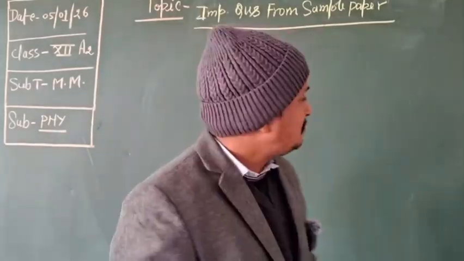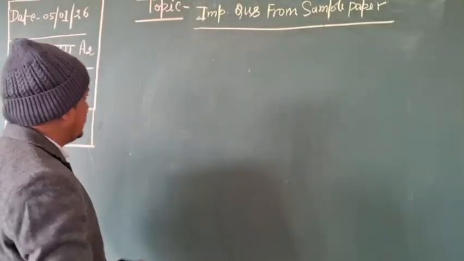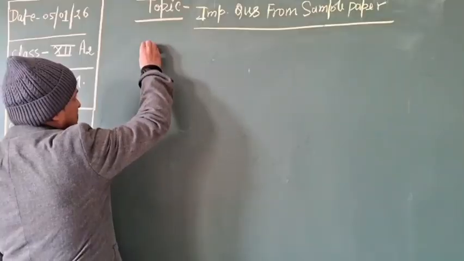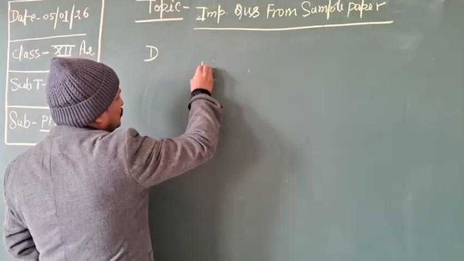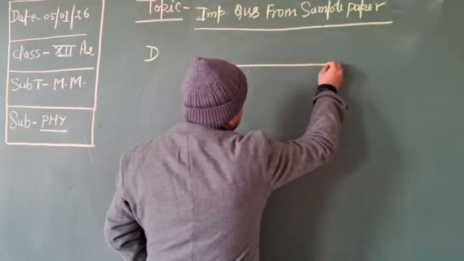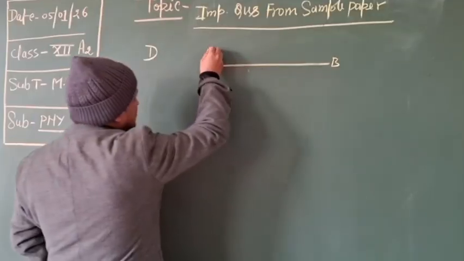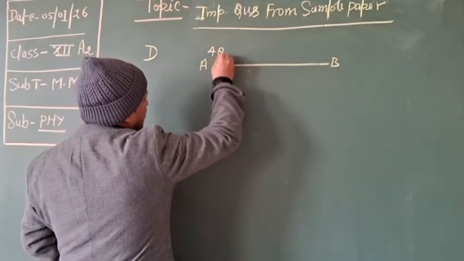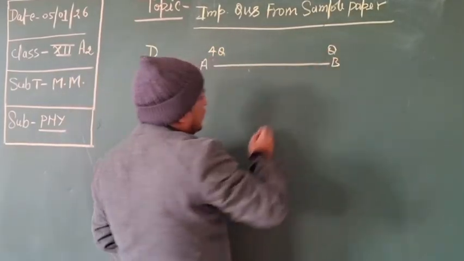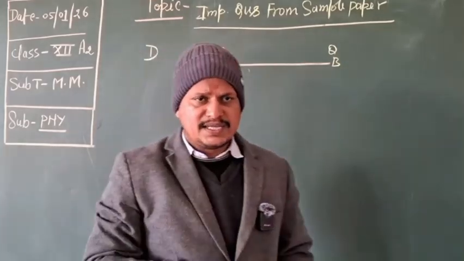Question number one is given. There are two points A and B having charges 4Q and Q, separated by a distance.